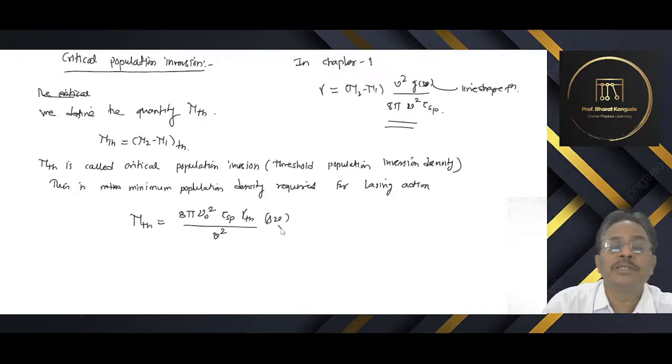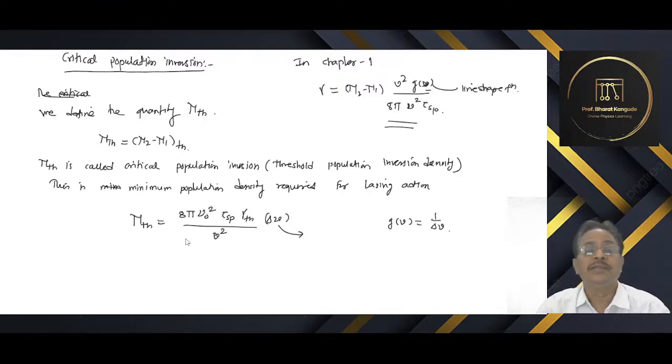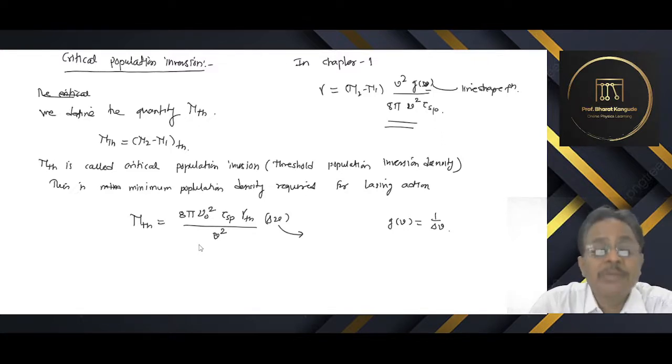Now remember, this delta nu and g nu have one such relationship. This g nu, called the line shape function, is given by 1 upon delta nu. So replacing this, I get this final expression: n threshold is equal to 8 pi nu 0 square tau sp multiplied by gamma th upon v square into delta nu.